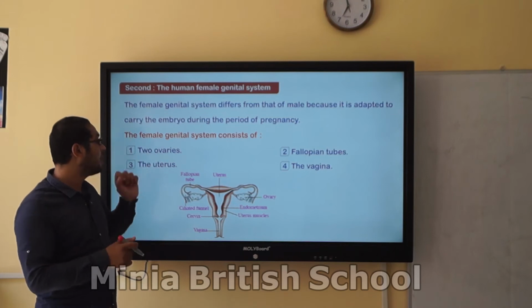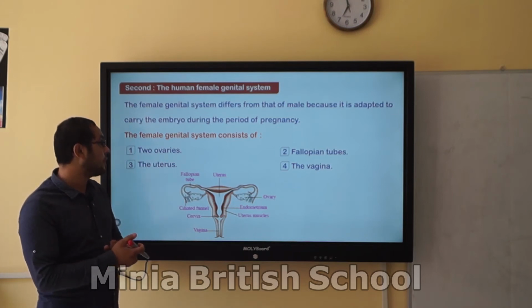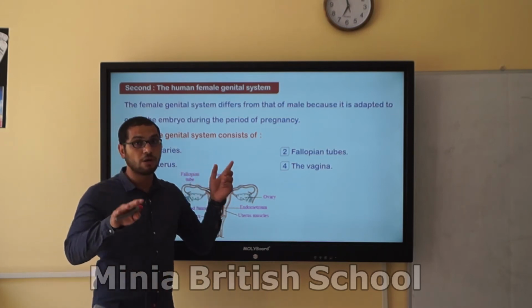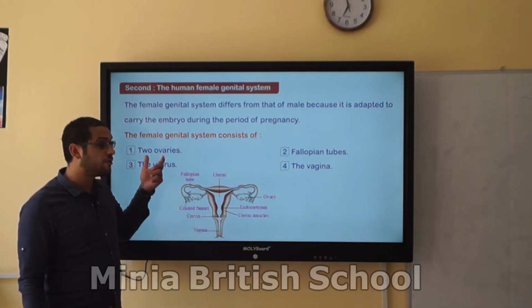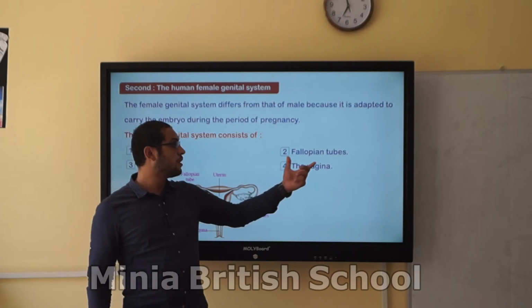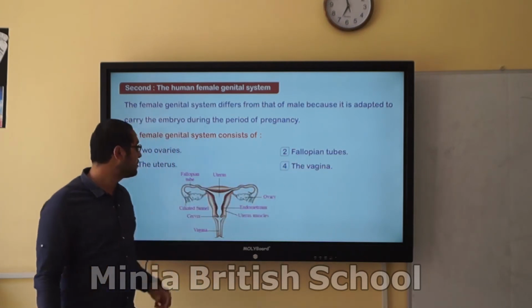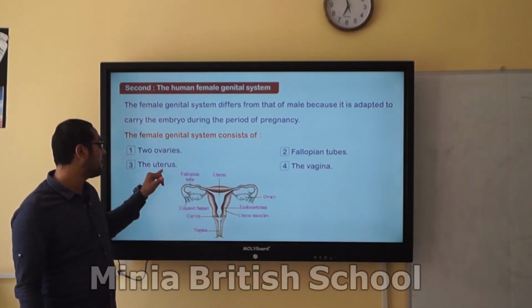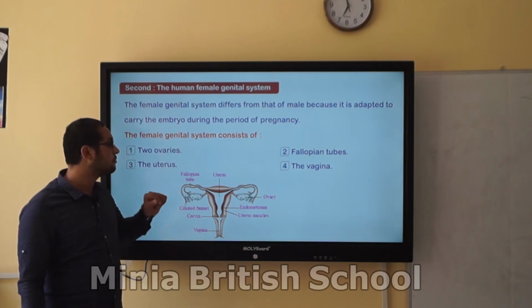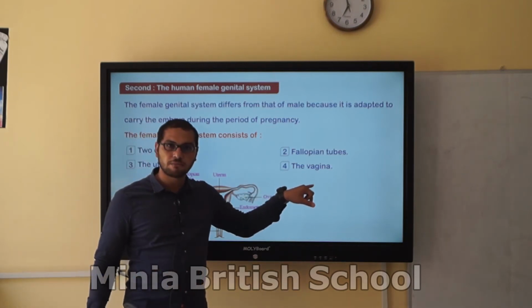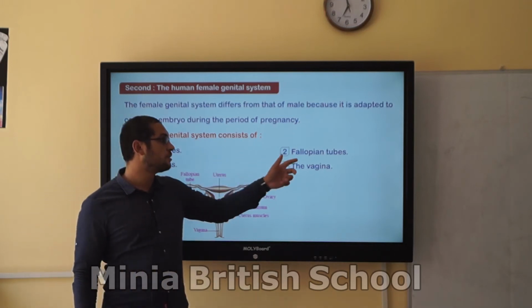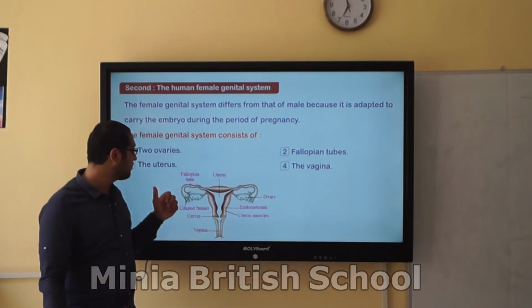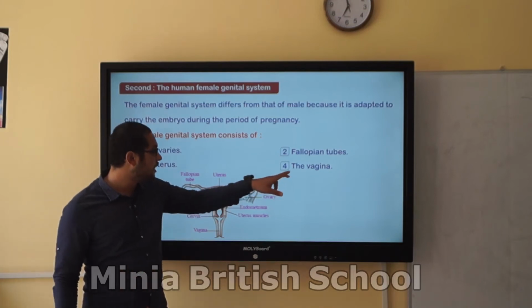So the female reproductive system consists of four main parts: the two ovaries, the two fallopian tubes, the uterus, and the vagina. Okay, again, the two ovaries, two fallopian tubes, the uterus, and the vagina.